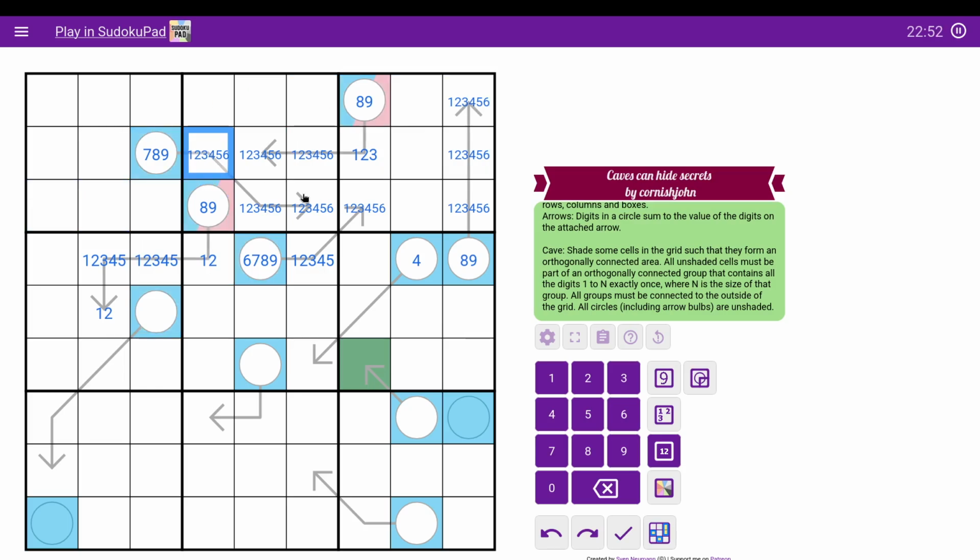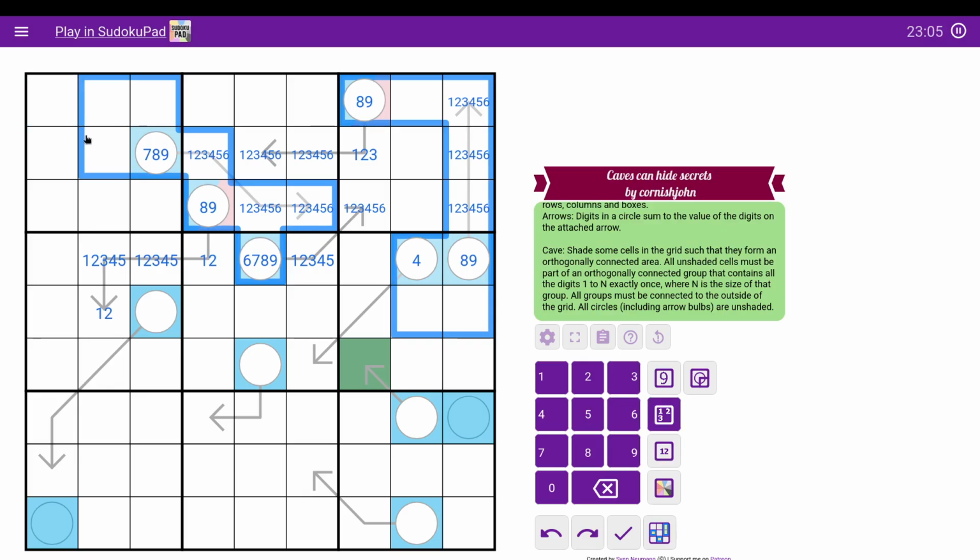I also can't disprove shapes like this, which goes up into these digits. I took a few too many. 5. Yeah. Oh no, that's correct. That's 9 digits.